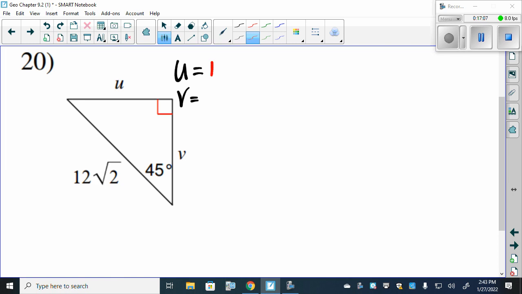So we're saying both u and v are equal, because we know that the hypotenuse is equal to the length of the leg times the square root of 2. Length of the leg times the square root of 2 will be our hypotenuse.